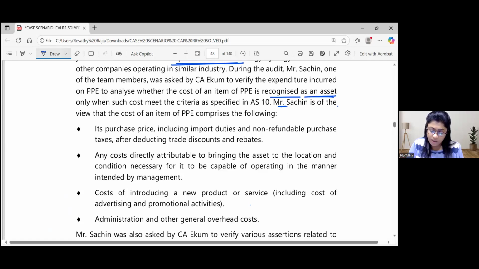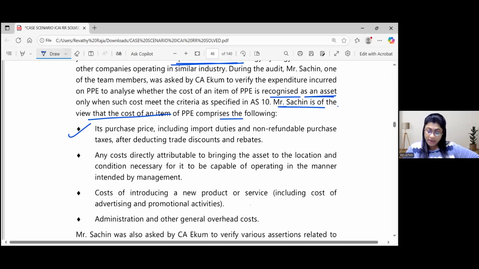Mr. Sachin is of the view that the cost of PPE comprises the following. Its purchase price, including import duties and non-refundable purchase taxes after deducting discounts and rebates. As per AS 10, will this be included? Answer is yes.